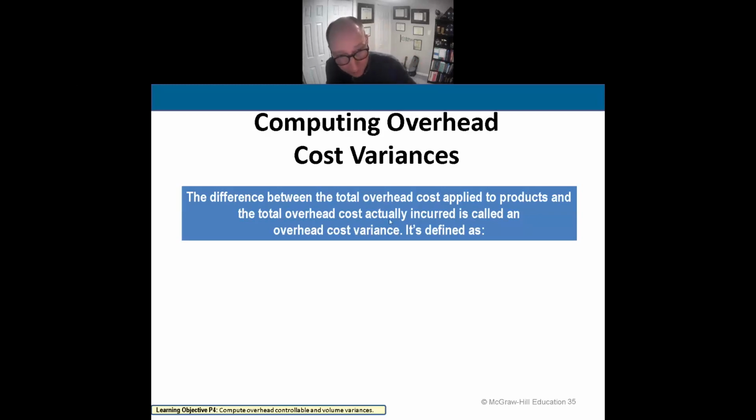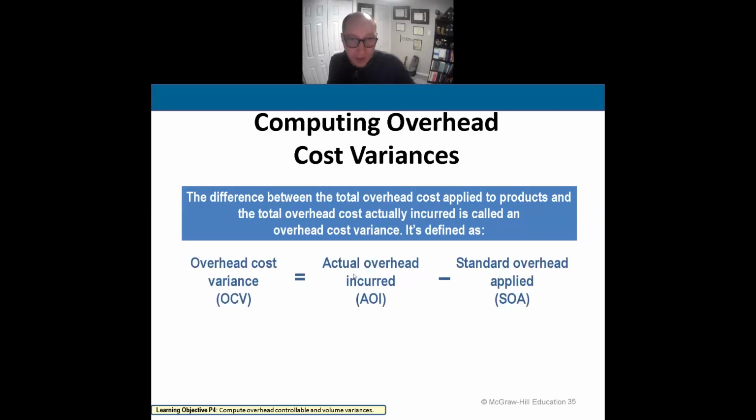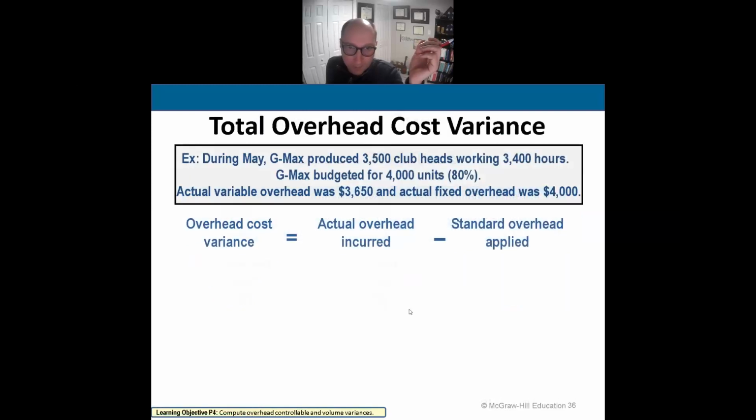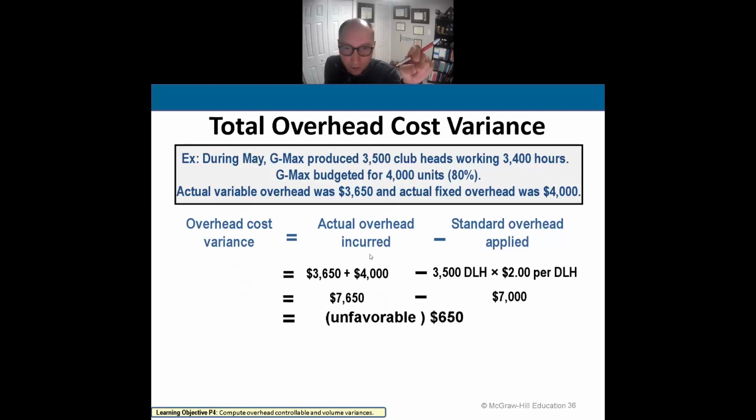Okay, so there's a variance for overhead. To compute that variance, we take the actual overhead incurred minus the standard overhead applied. In our example, the actual overhead incurred was variable of $3,650 plus fixed $4,000.